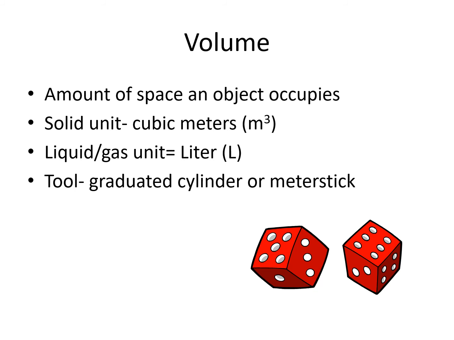When we talk about something that's solid, like you, or your laptop, or your car, we use the term cubic meters. And the cubic comes from the fact that we multiply 3 numbers together. With solid units, we measure the length, the width, and the height.